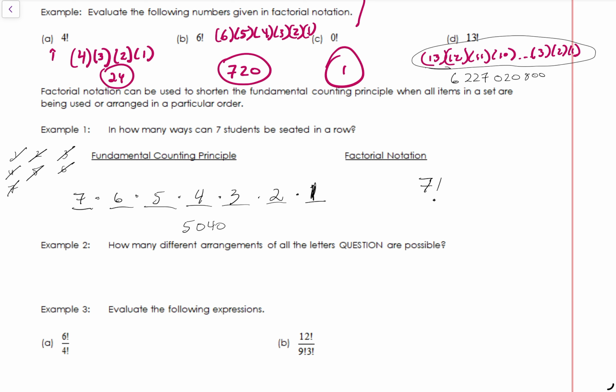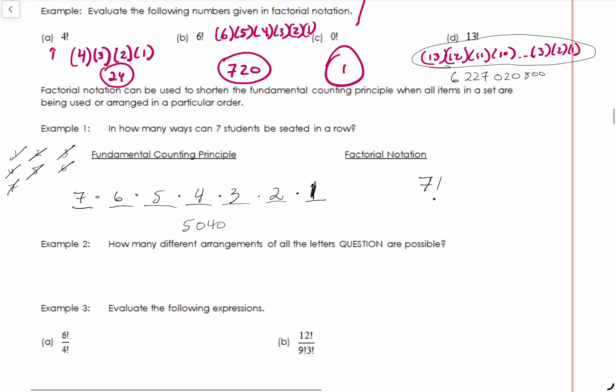Now, example 2. I like example 2 better than example 1 because they give you the word question. Now, I'm going to do something unusual. I'm just going to write the letters of question backwards. I find that I'm really less likely to make a mistake when I have letters to organize rather than a word to organize.